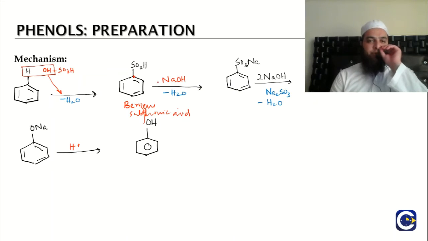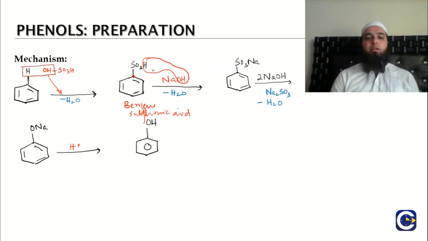In the next step, we add some sodium hydroxide to the reaction, which takes the hydrogen from this acid and comes out as water, and we get this benzene sulfonic salt.